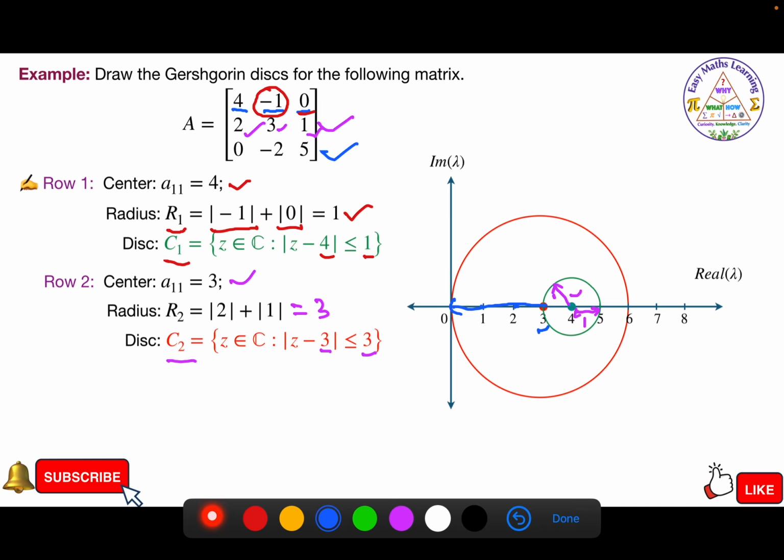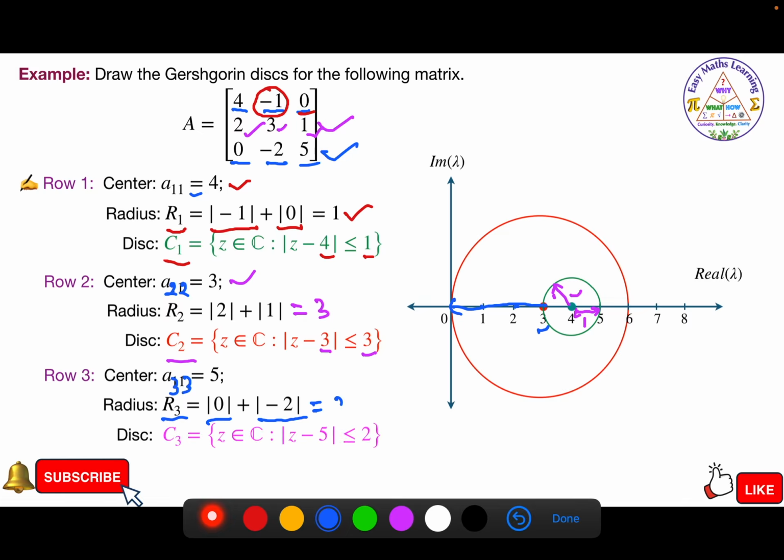Now corresponding to the third row of this matrix, we get another disk with center 5. This is A33, so A33 is 5, and the radius will be the sum of absolute values of the non-diagonal elements: 0, and for the absolute value of minus 2 it is 2.